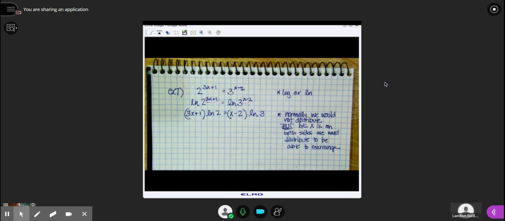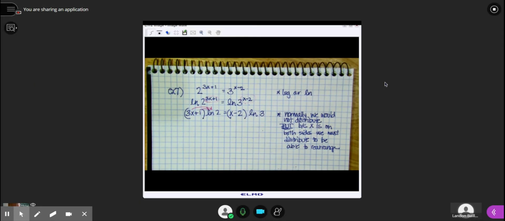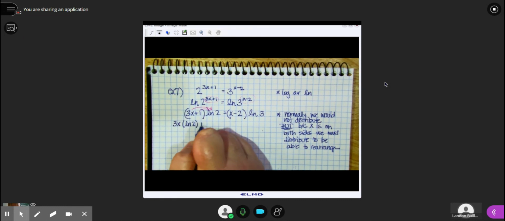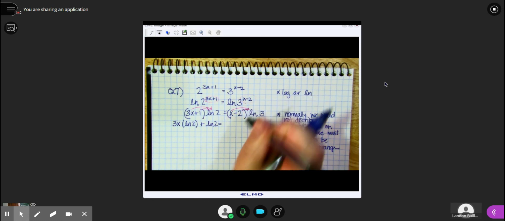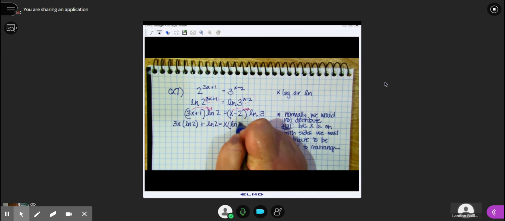So this is now going to be 3x times ln 2 plus ln 2, which has got to equal x times ln 3 minus 2 ln 3.